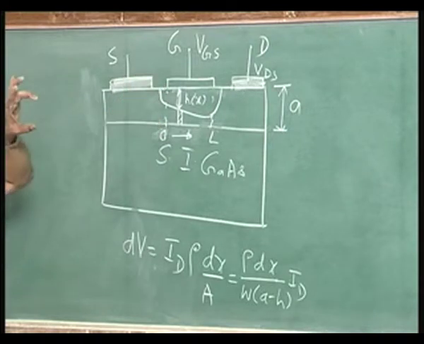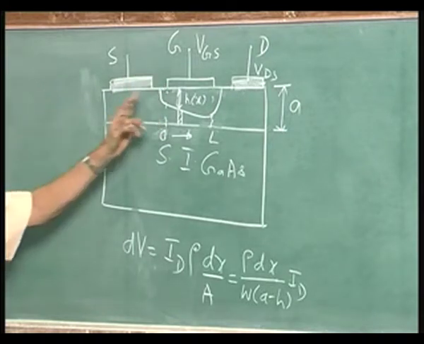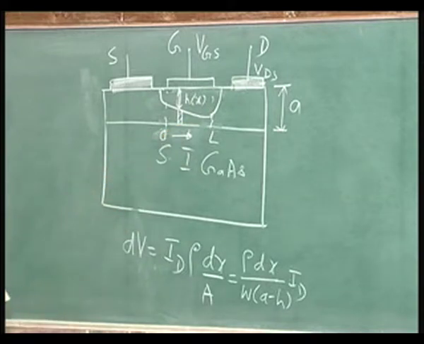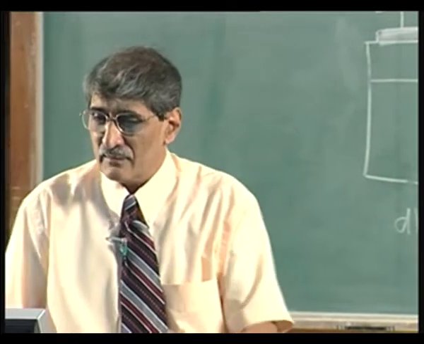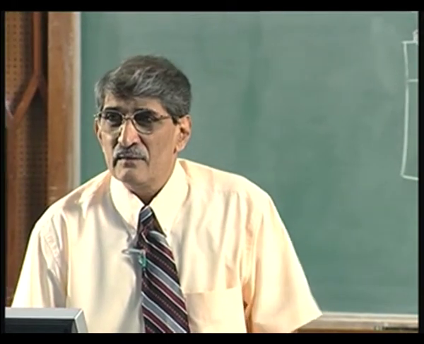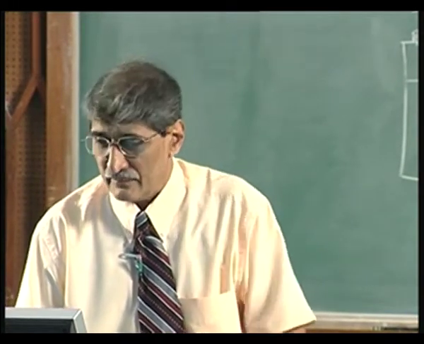A into W is the area of cross section, L is the length. So, G naught is the conductance of the channel which is fully open. It is easy to remember in that particular way, you do not have to worry about what is the thing. In fact, it is 1 over R, channel resistance if the channel is fully open. Rho L by A, I put it as L over sigma into A by L.